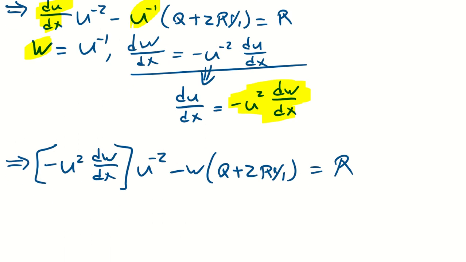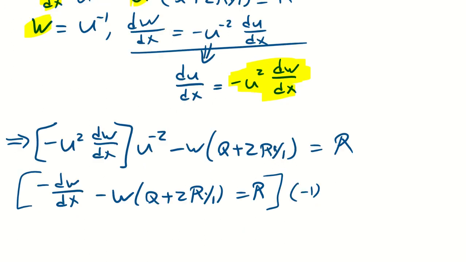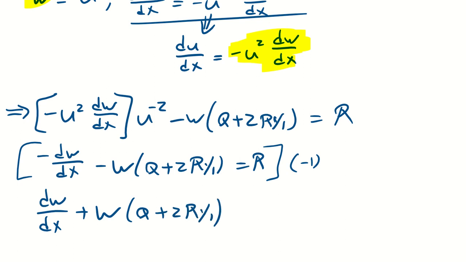We could simplify, so we have minus dw/dx minus w(q plus 2y₁) is equal to r. And I'm just going to multiply it by minus 1. So we have dw/dx plus w times the quantity q plus 2y₁ is equal to minus r.